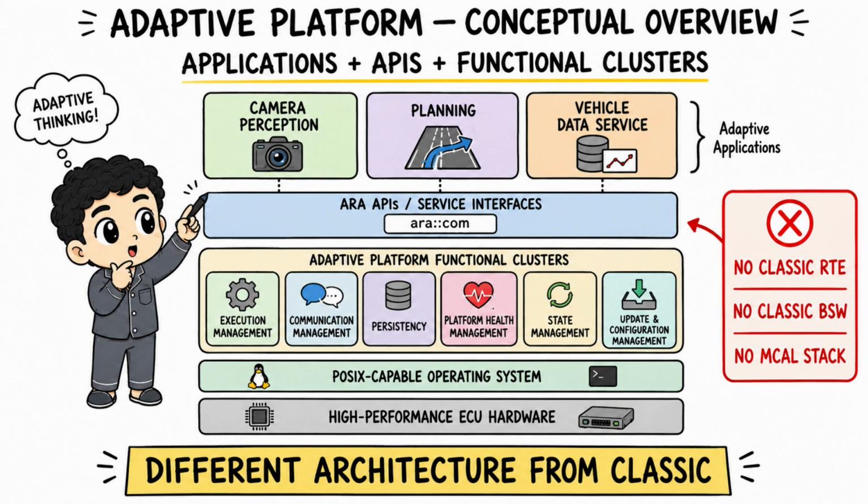Do not try to memorize that entire list yet. The important difference is structural. Classic AUTOSAR gives us a strongly layered basic software architecture. Adaptive AUTOSAR is built around applications, standardized ARA interfaces, functional clusters, processes, and services.